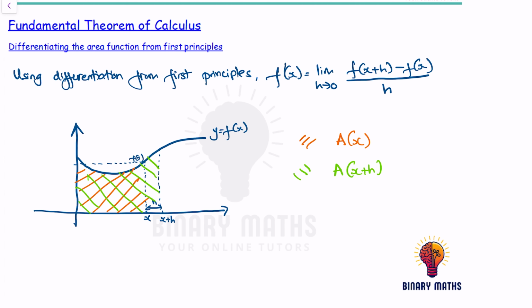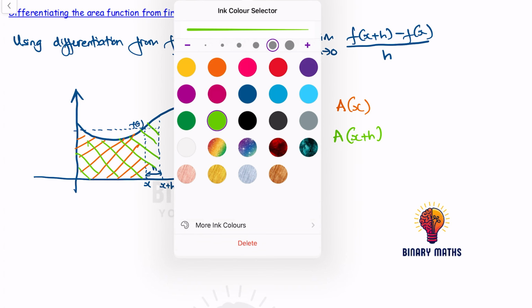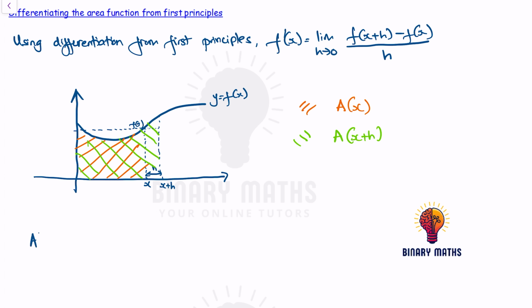Okay, so what we do know, using differentiation from first principles, is that A dash of x will be equal to the limit as h tends to 0 of A of x plus h minus A of x all over h. What we've done in the general formula is replace the f with A.